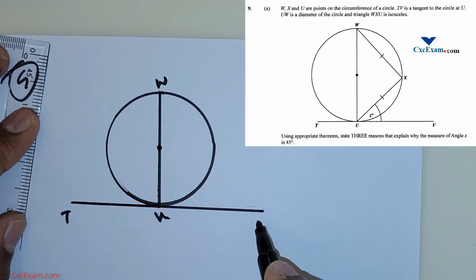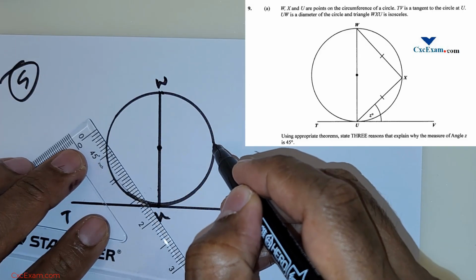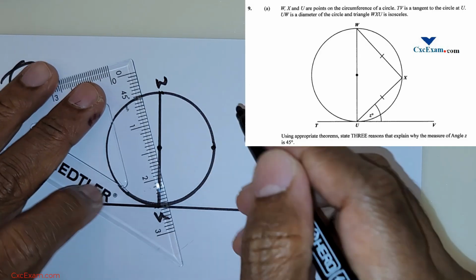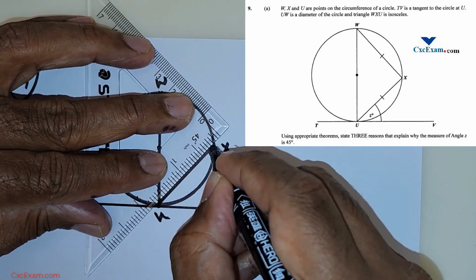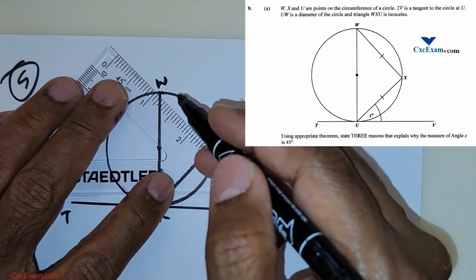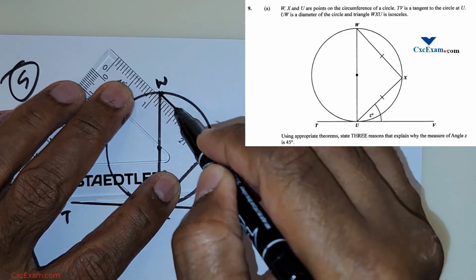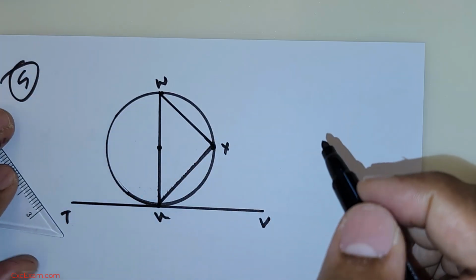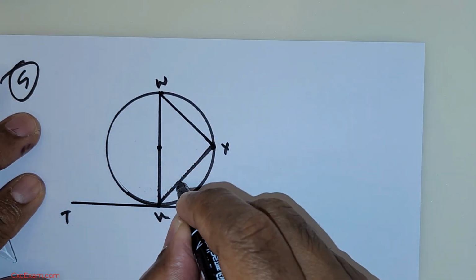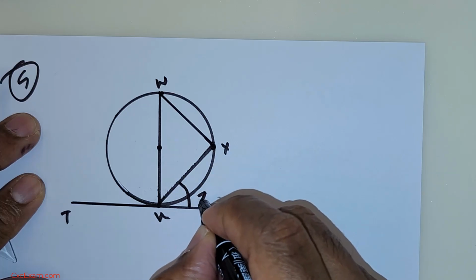So TV is a tangent. And then you have a point X, there is a hit from U and a hit from W. Okay, and this angle is given as X.